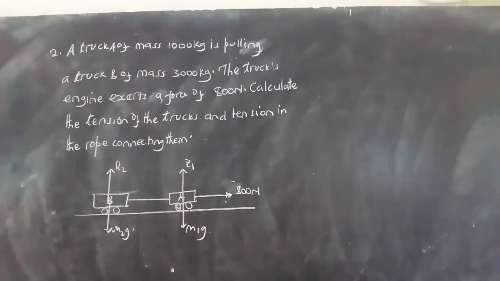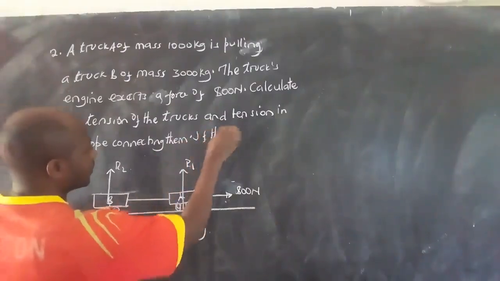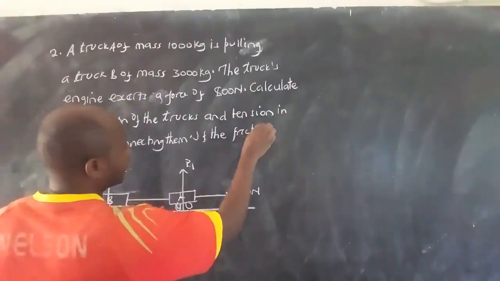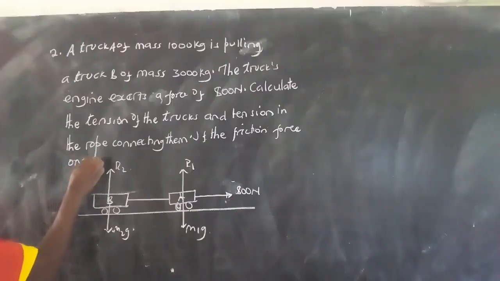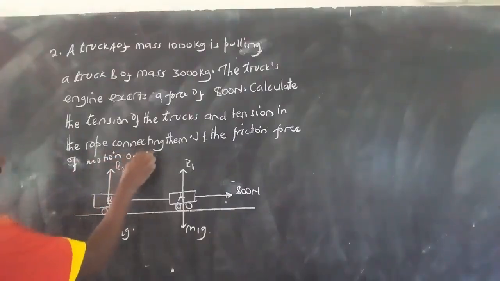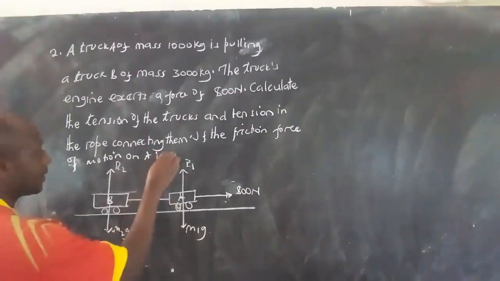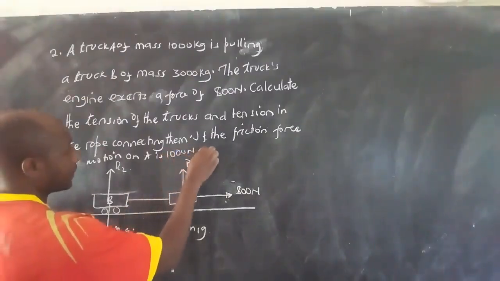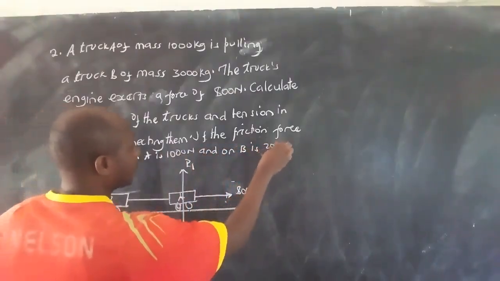So they are saying the frictional force, okay? They have told us that the frictional force of motion on A is 1,000 Newton and on B is 2,000 Newton.